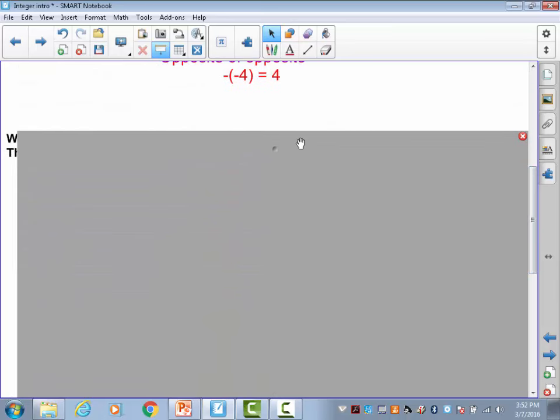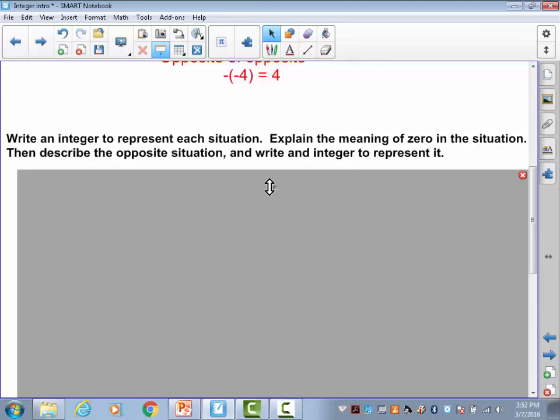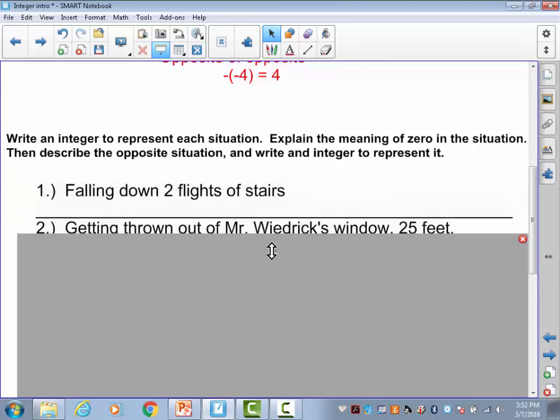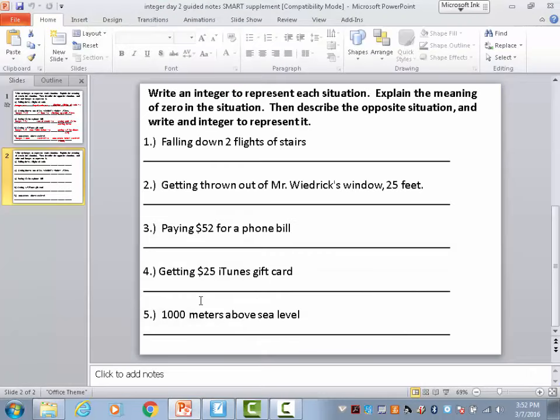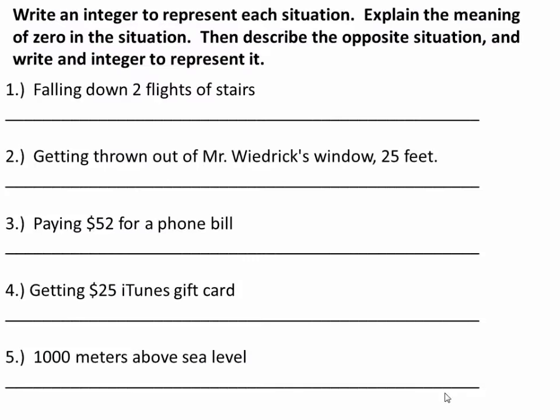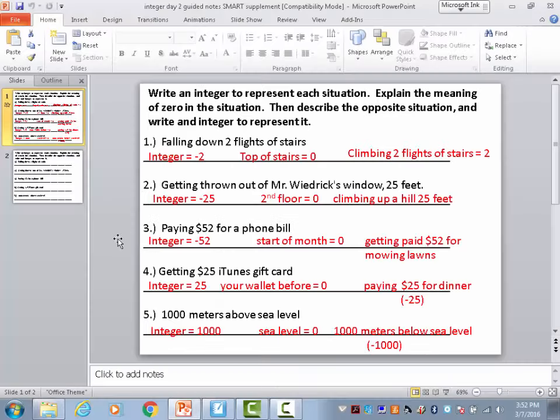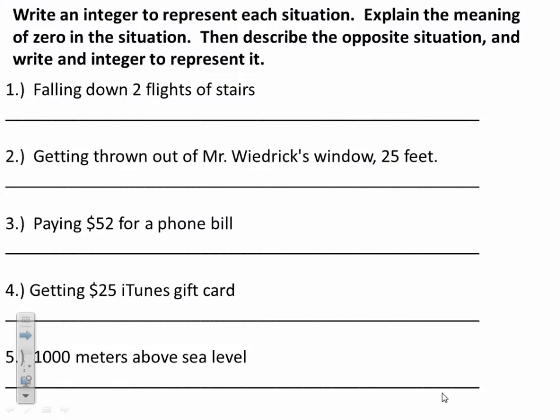Okay, so now if you want to have your notes out, on your notes you see something that looks like this. So it says write an integer representing each situation, explain the meaning of 0 in the situation, then describe the opposite.